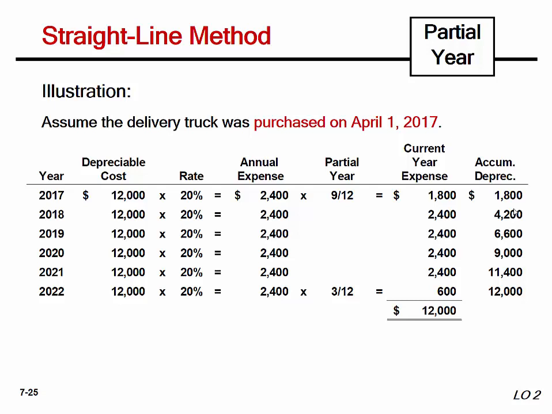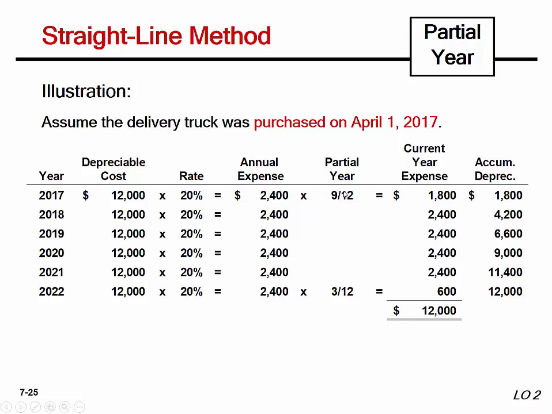What you can see on this chart is that in the year of purchase, if we bought it on April 1st, the company could add an additional column to an Excel spreadsheet. On row 1, we're taking that $2,400 number that we've seen how to calculate by taking the depreciable cost and either dividing it by 5 or multiplying it times a rate, which is 1/5 or 20%, taking that annual amount and multiplying it times 9/12, which is 0.75.